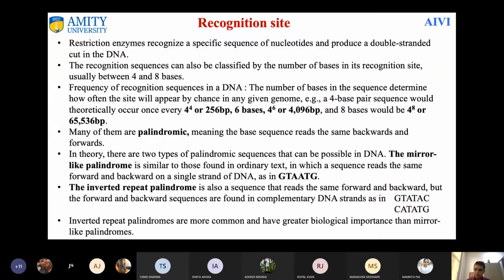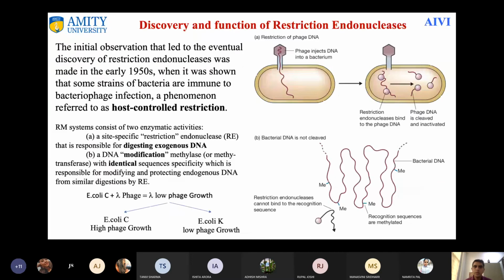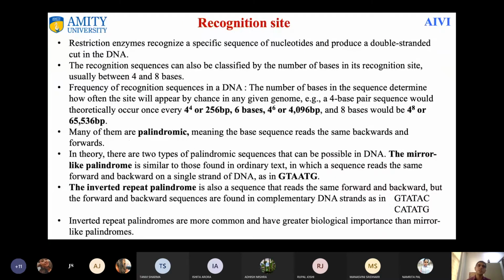Now, as we mentioned, the first important property of the endonuclease is the recognition site. What do we mean by recognition site? How many recognition sites are going to be there? In a simple way, a recognition site is a specific location or a specific nucleotide sequence.